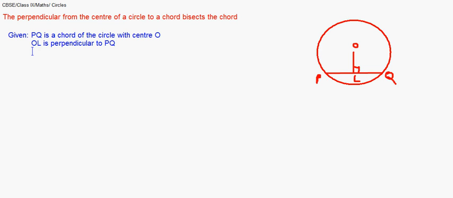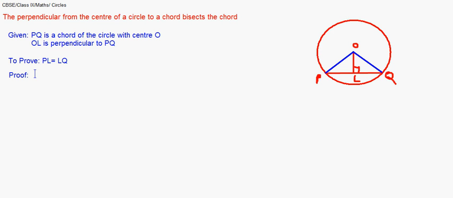So what do we have to prove? To prove which is PL is equal to LQ. To do so, I need to join the radius. I'll just draw this to radius. Now continuing with the proof, what can give us PL equals LQ?